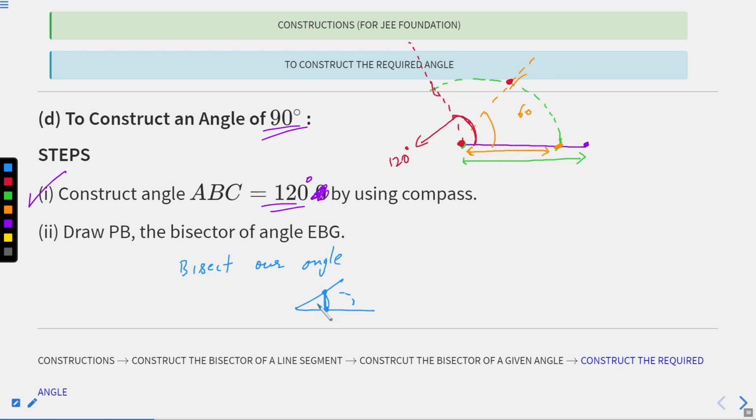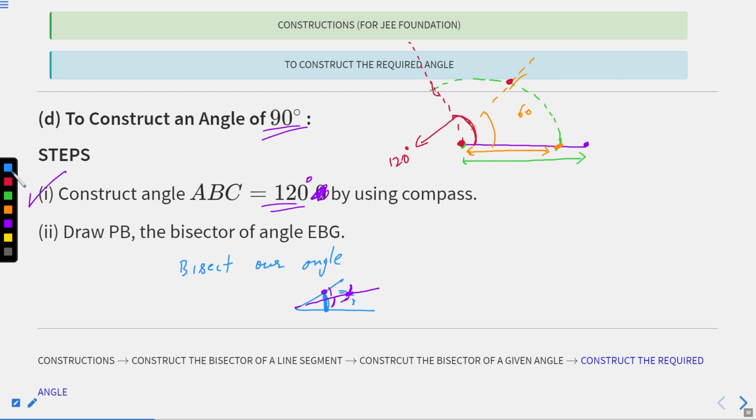Make adjustment in compass and take that length more than half of this length, make an arc, and now shift the center to this with the same radius, make another arc, the intersection point we will get, and join them. After joining them, we will get our angle bisector, which bisects this angle into two equal parts.